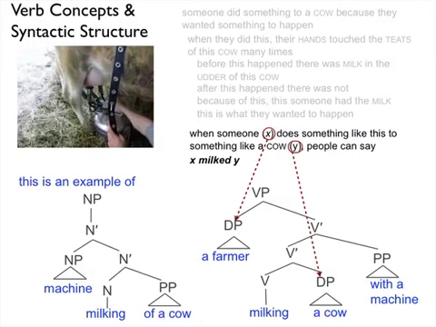I can't imagine a farmer milking a cow with a machine, and so forth, right? So that whole structure can be embedded as a verb phrase with the ingredients of a verb phrase, or it could be turned into a noun phrase with the ingredients of a noun phrase where things correspond, right? So the adjunct is machine. An example would be machine milking of a cow, which would be fine, right?